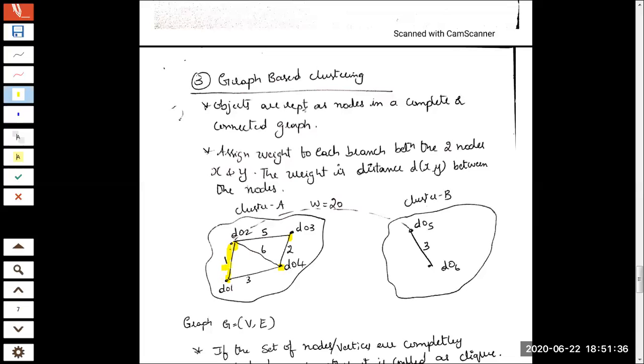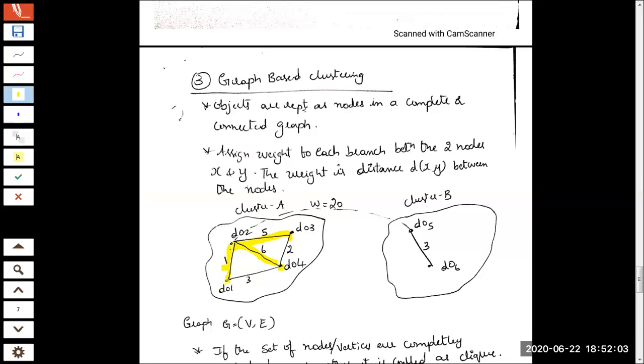So what do you understand from this? So the distance between data object 1 and data object 2 is 1. In similar lines, you can see the distance between data object 2 and 3 is 5. Distance between data object 2 and 4 is 6. Okay, so you can see we have indicated the positions of different data objects.